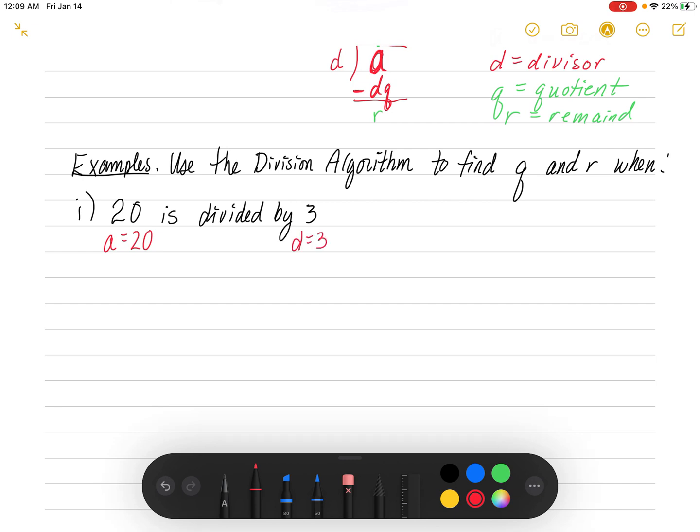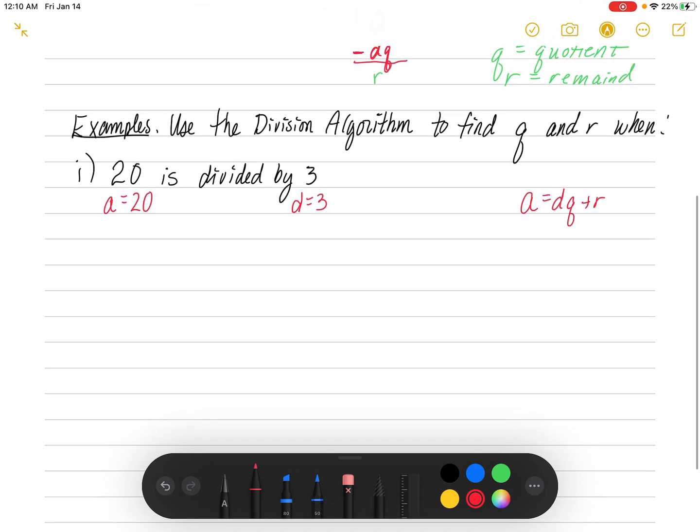Remember your equation is a equals dq plus r. That's the division algorithm equation. So we're going to start with a, which is 20, and d, which is 3. We have to find the q and the r.